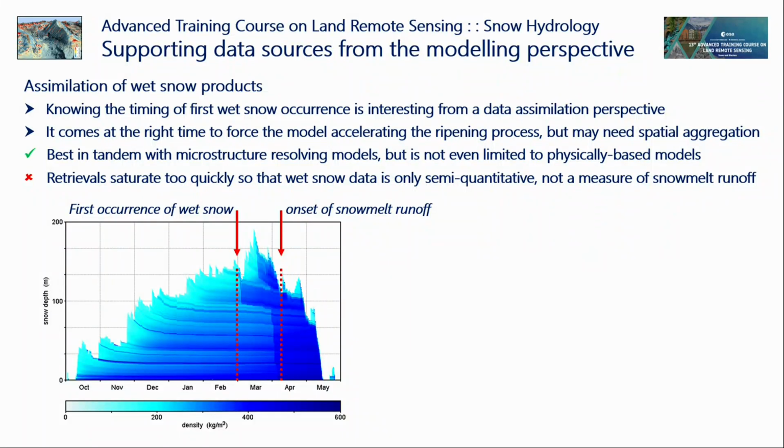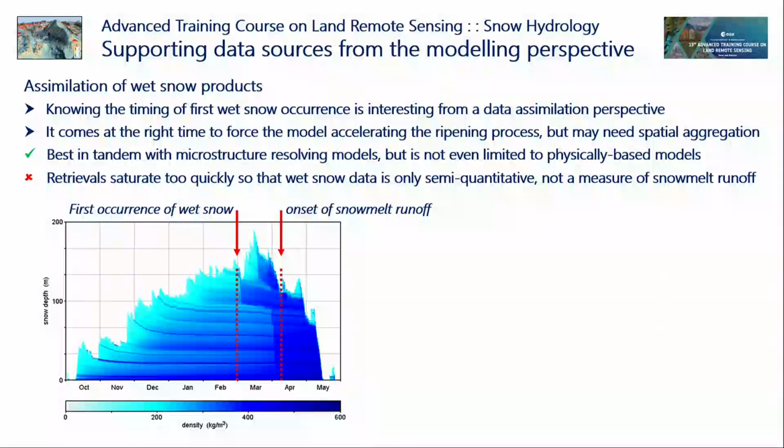So you get information at an interesting time of the year. And if your model is not in that state already, where you start seeing liquid water content, then you better get your butt in gear in order to ensure that the model does reflect what you see in the observations. And so that's an interesting time to get that information. And this is why there's quite a potential in assimilating that into a model. So it comes at the right time.